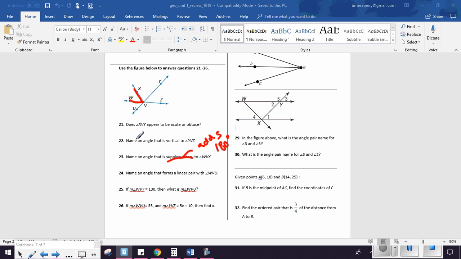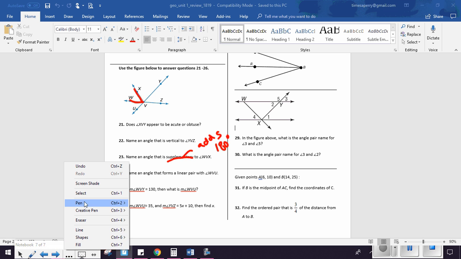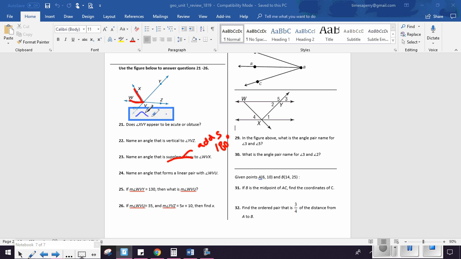In this instance, I see a perfect line when it is joined together with XVZ. That's a perfect line, so that's an option, and I believe that is our only option for that angle. So angle XVZ.